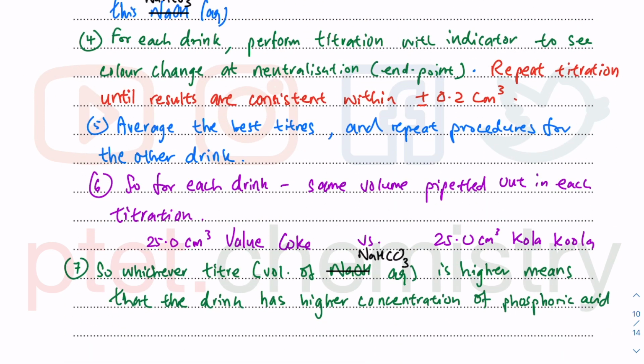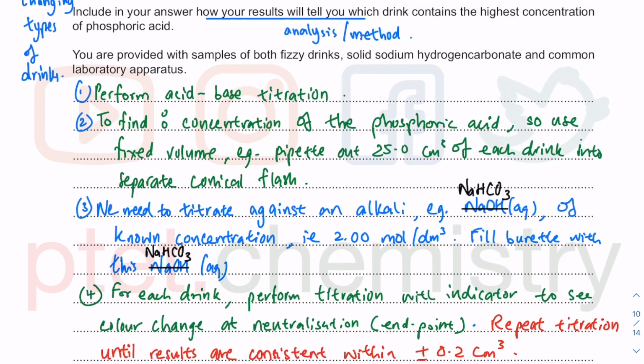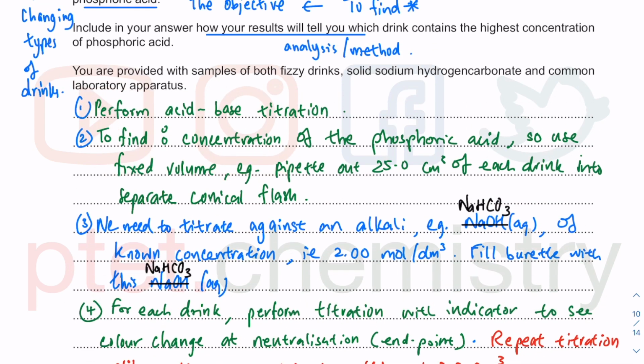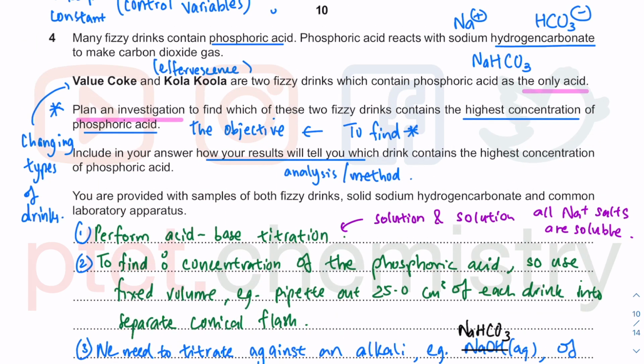And I've changed the last bit by comparing the average titer against the average titer of the sodium hydrogen carbonate solution, because when we do titration is for solution, and we know that sodium hydrogen carbonate is definitely soluble because all the Na plus salts, including the hydrogen carbonate or the carbonates, are going to be soluble, part of solubility rule there. And I think that's it really for this 6 marker question number 4 here.